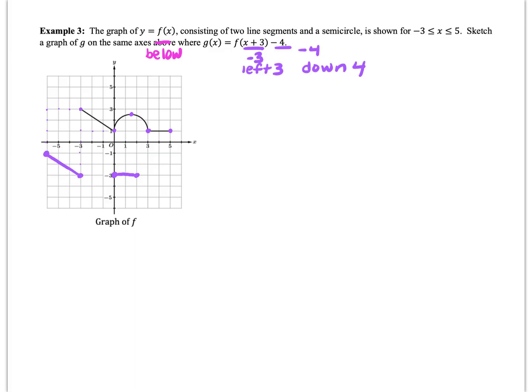So if I go left 3, so there's a half, 1.5, 2.5, 3.5, and then down 1, 2, 3, 4. It looks like the top of our circle will be right there. And here nothing is being dilated, so it looks like it's the same size and the same shape. We just moved it to a different spot.